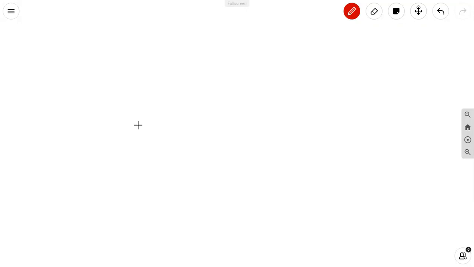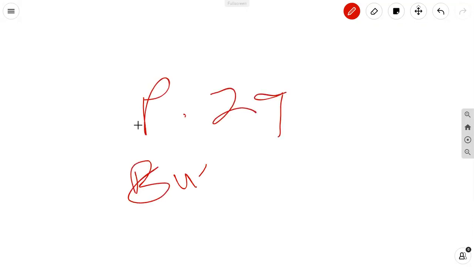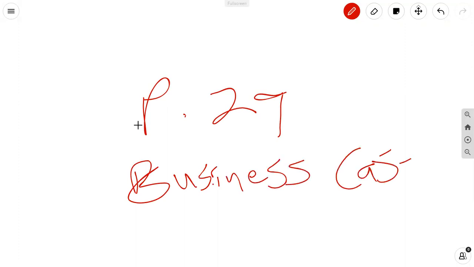I'm talking about page 29. The business case is a very important document because it precedes the project charter, and a lot of what is in the project charter comes from the business case.